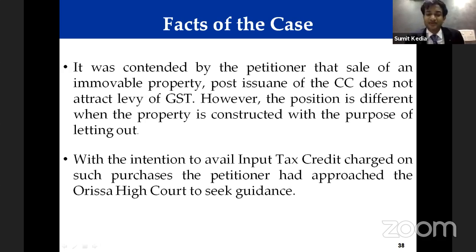The next question was about the detachable sliding and stacking glass partition. They fix the glass with nuts and bolts for making partitions, and can detach it and attach it to some other property. Being movable, can input tax credit be availed?